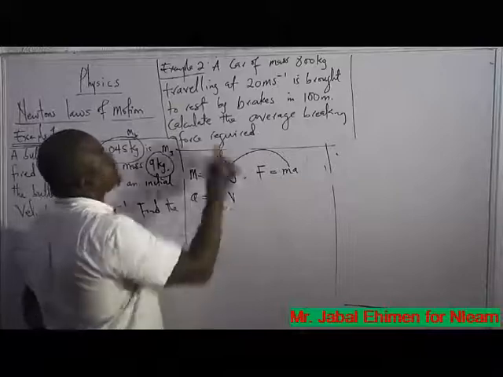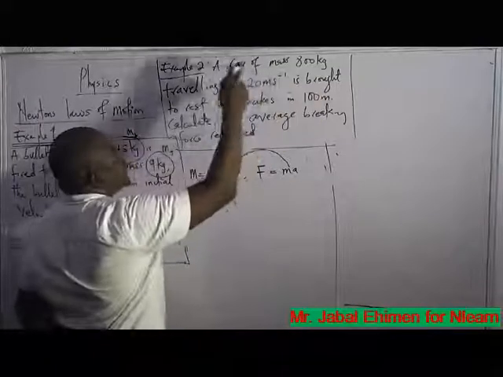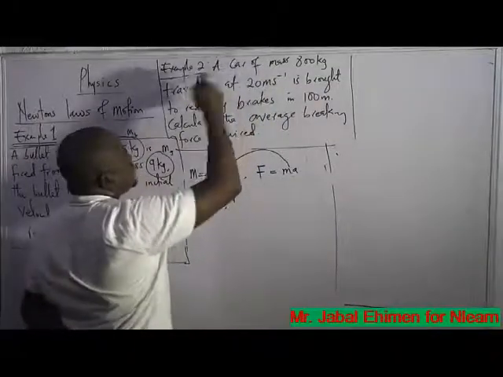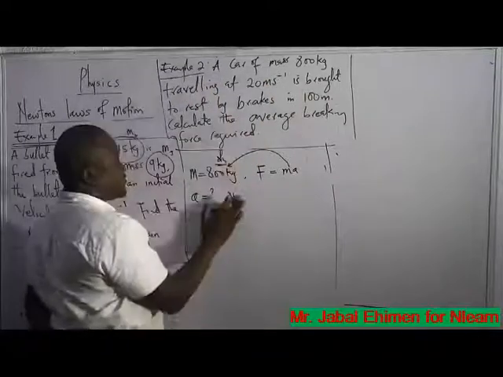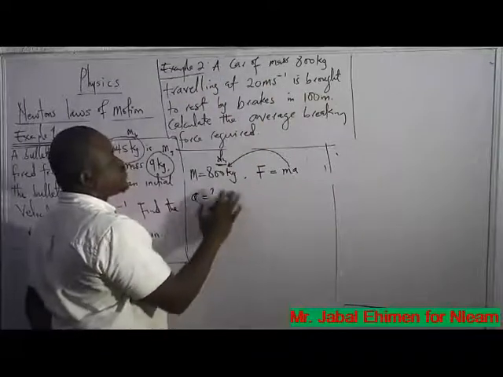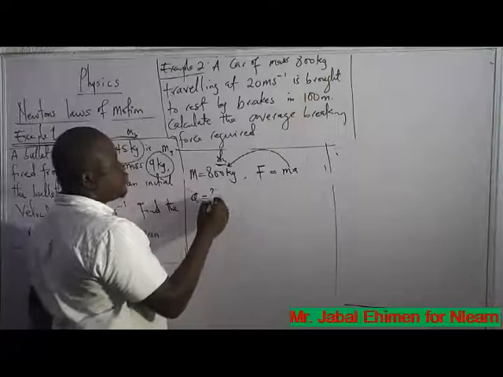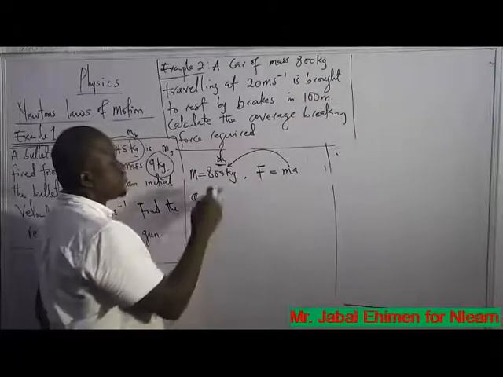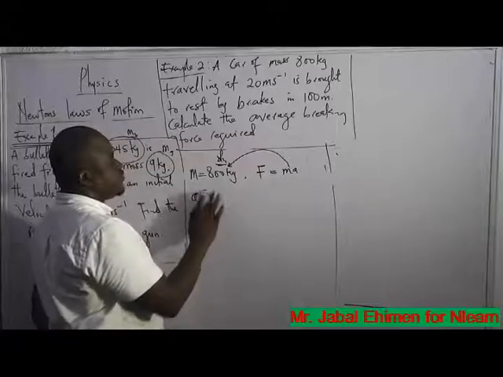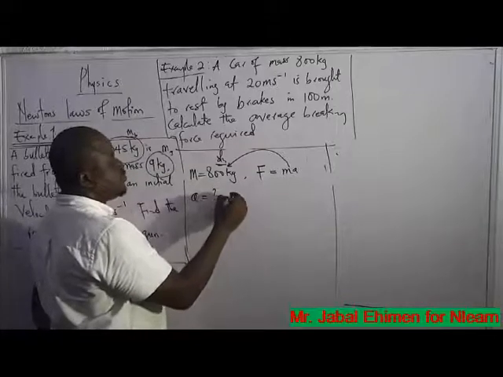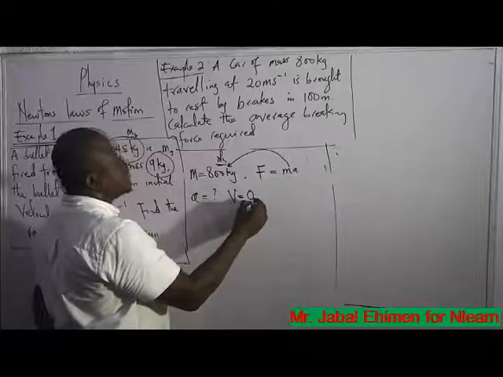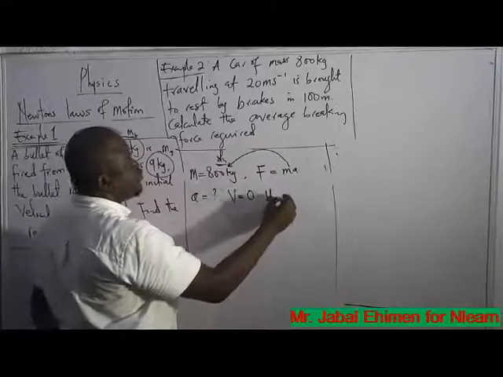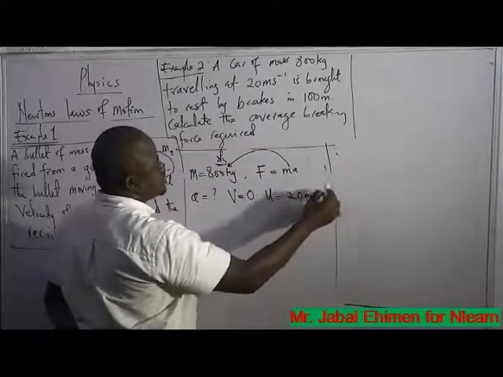The question says a car of mass 800 kg, traveling at 20 meters per second, is brought to rest. Immediately the car is brought to rest, the value of v is 0, and the value of u is 20 meters per second.